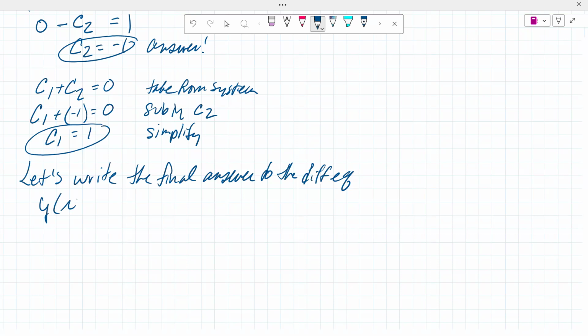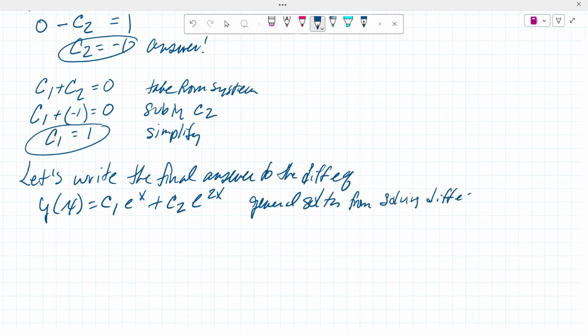Y of x equals C1 e to the x plus C2 e to the 2x. This is the general solution. We got this from solving the diffie-q, right? The auxiliary equation and so on.